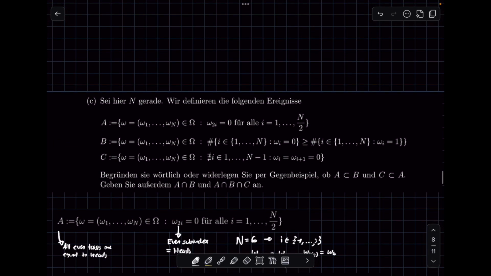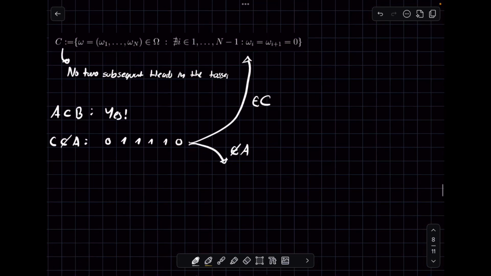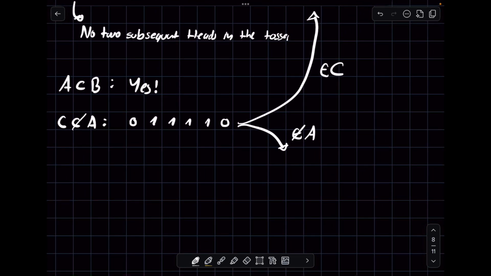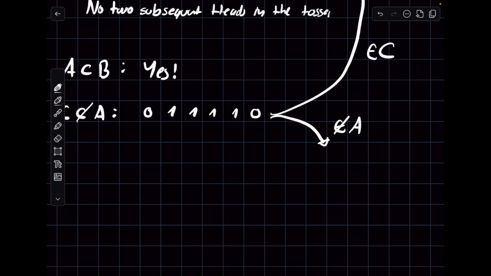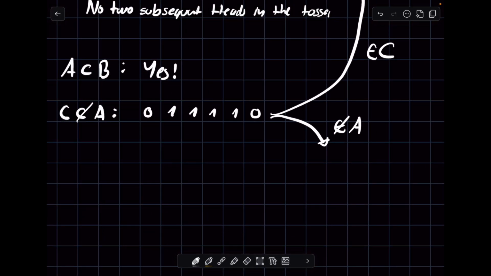The next one is saying A and B. It's pretty simple. We want to see A and B. Now, A and B, how does that work?